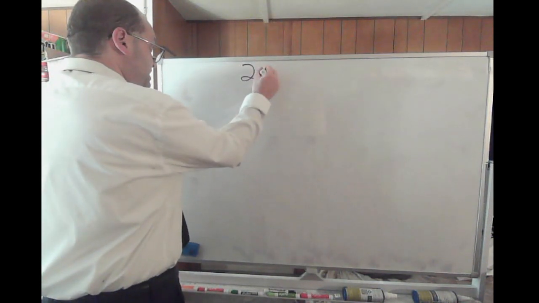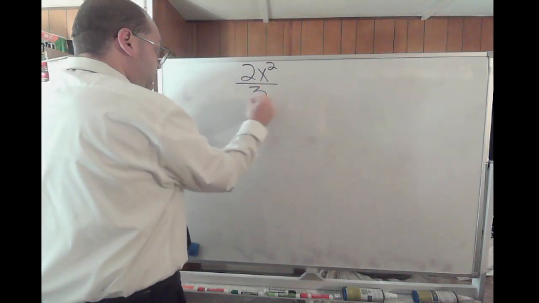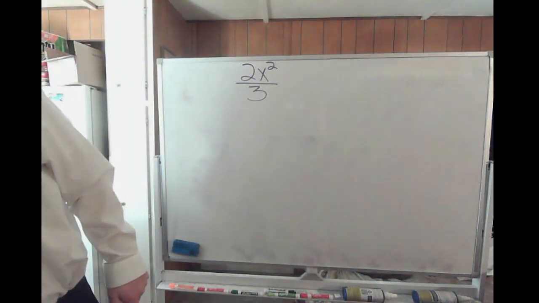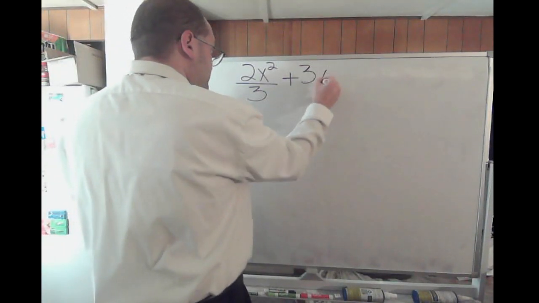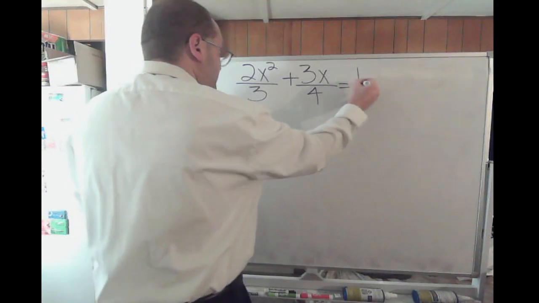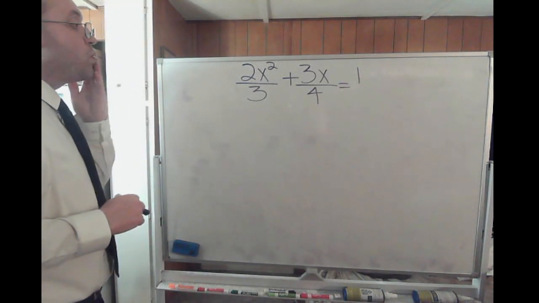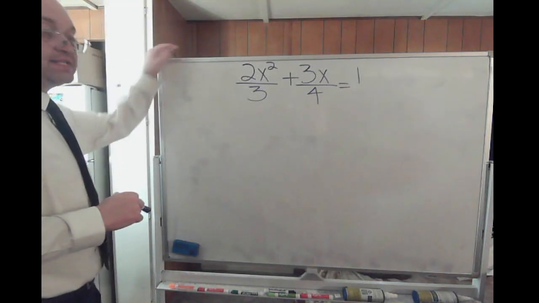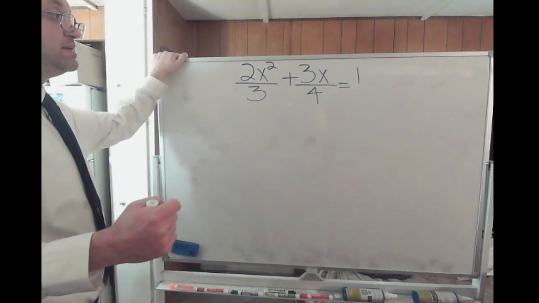Alright, let's see. We have 2x squared all over 3 plus 3x all over 4 is equal to 1. So we have some fractions thrown in. Well, the least common denominator of 3 and 4 is what?